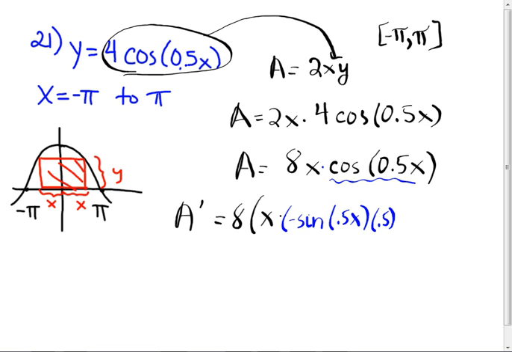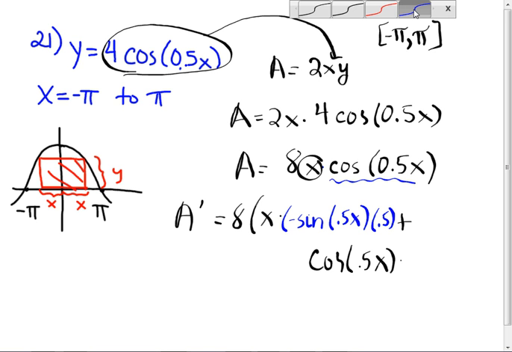It's the first one times the derivative of the second plus the second one, the cosine of 0.5x, times the derivative of the x. And what's the derivative of x? It's just what? No. I pulled the 8 out. I ignored it. I only did this piece. So it's 1.